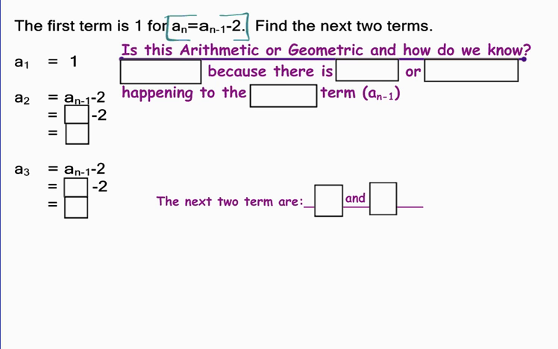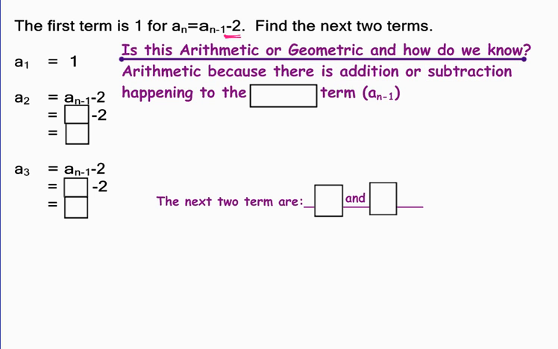Well, I'm going to look at this particular situation, and I'm going to notice that I'm subtracting 2. Subtracting 2 means that I'm doing arithmetic, adding or subtracting, because this is addition or subtraction, and it is happening to the previous term. Again, this right here is the previous term.